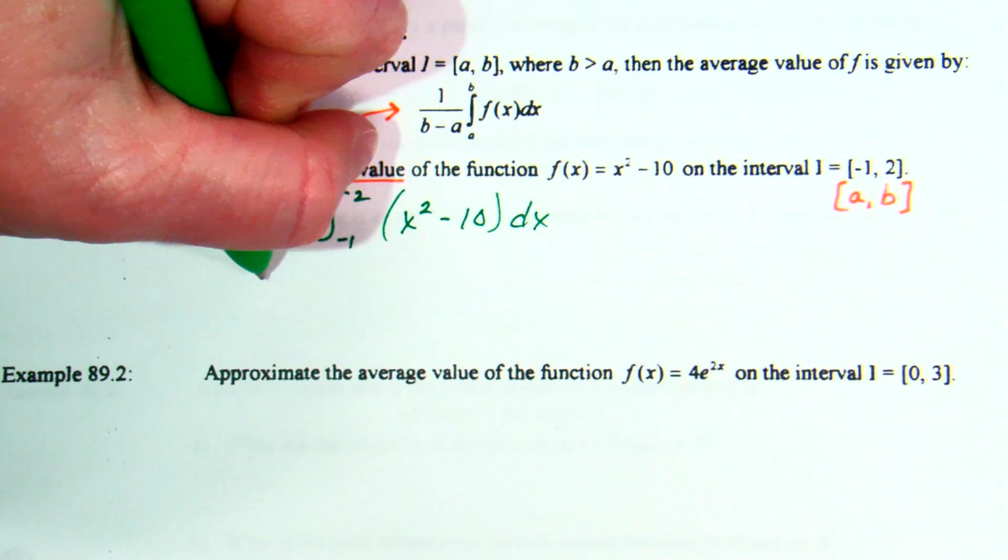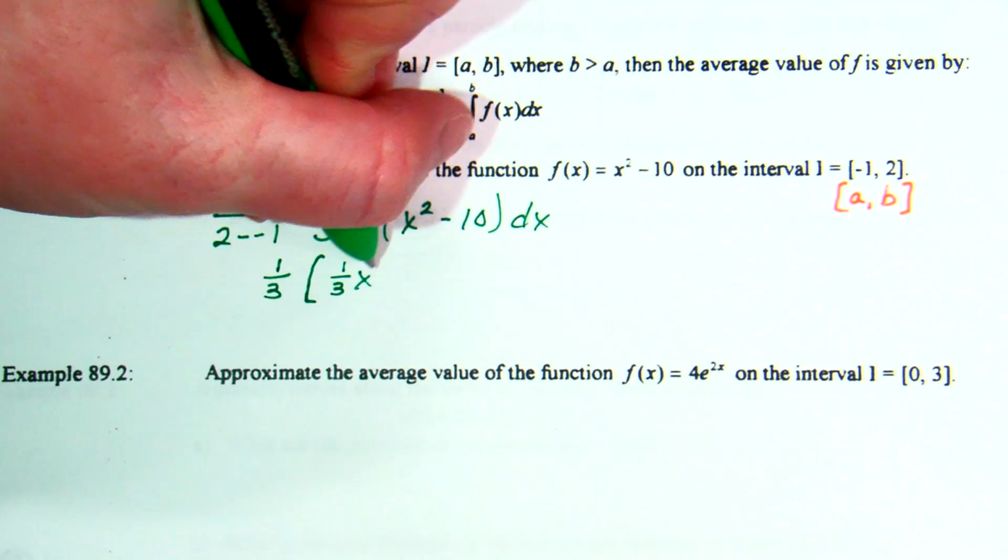So what is that fraction out front? 1/3. So basically, the average value is going to be 1/3 of whatever the integral gives us. Let's go ahead and integrate.